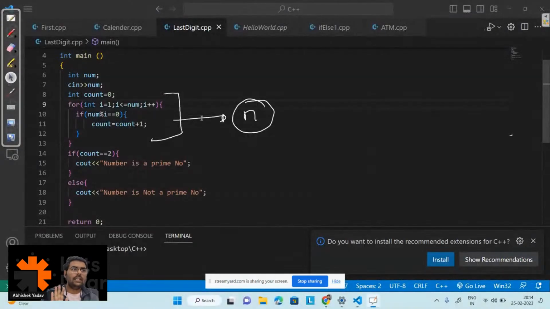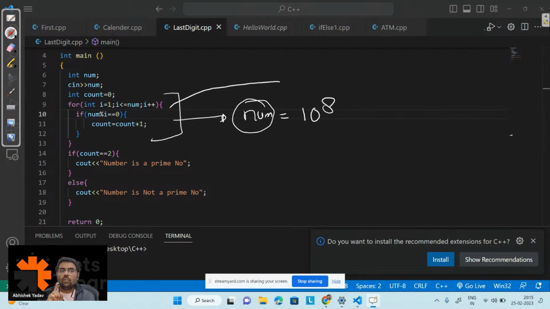So if I say that the value of num is 10 to the power 8, you are saying that this for loop is executing for n number of times, that is num number of times.